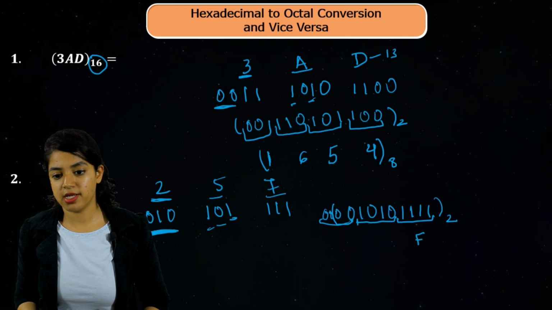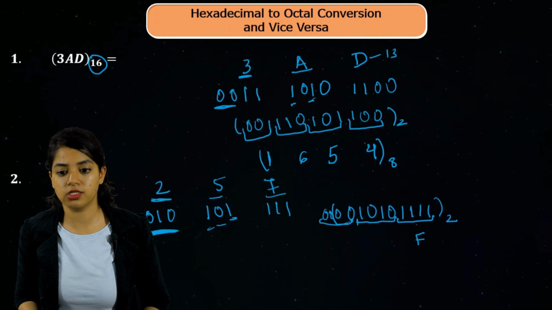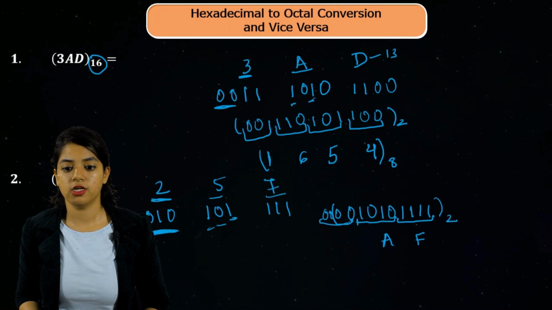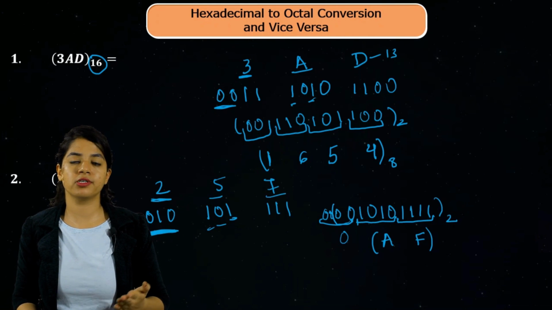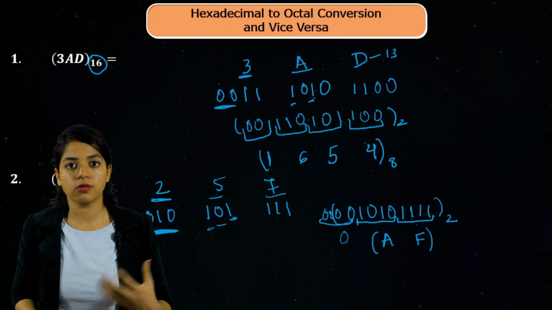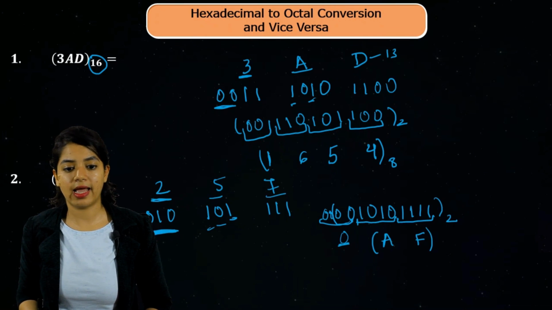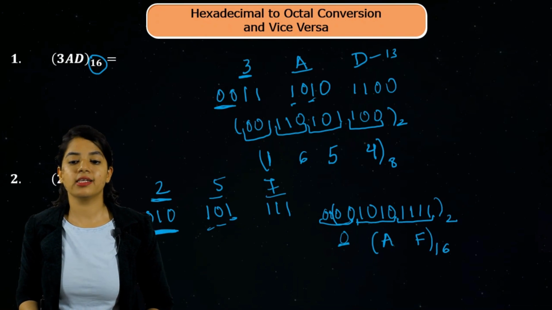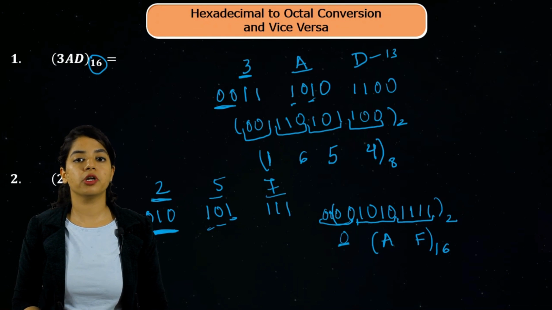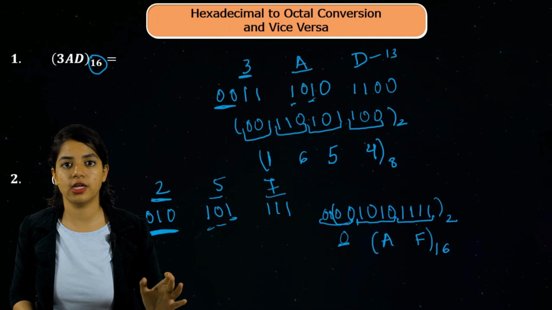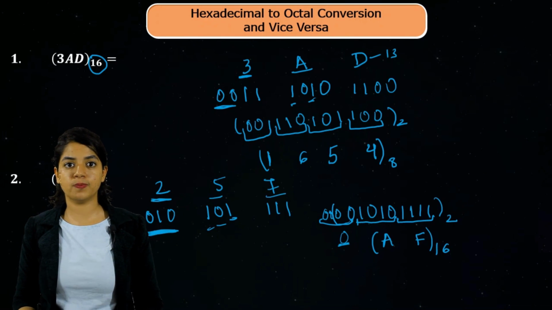So 1111 is F. This is nothing but 10, and 10 is nothing but A, right? So AF. This 0 can just be neglected because 0 as the first digit doesn't have any value. So 0 can be neglected. AF is the hexadecimal value corresponding to 257 in octal number representation.